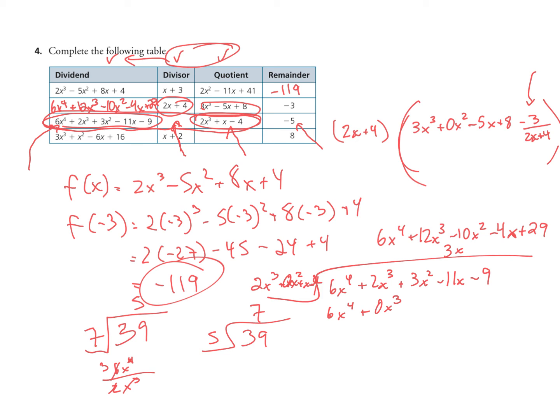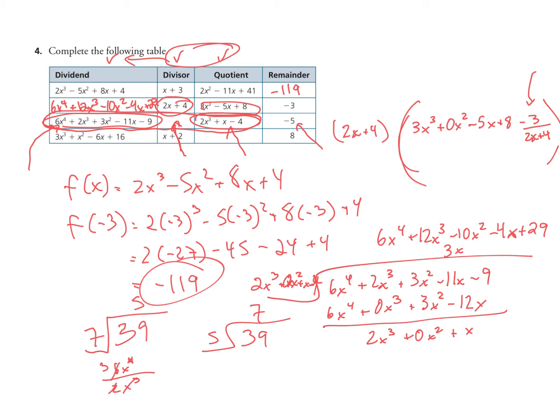Wow, I have great writing today. And we're going to subtract. These are gone. This is 2x cubed. This is gone. Plus 0x squared. Negative 11. This is going to be plus x minus negative 12.